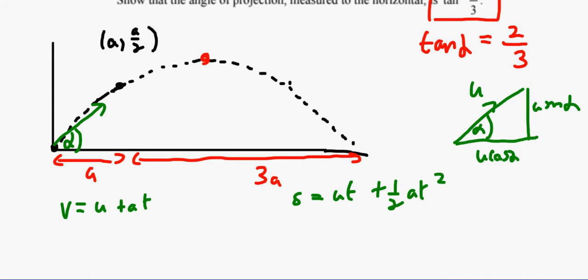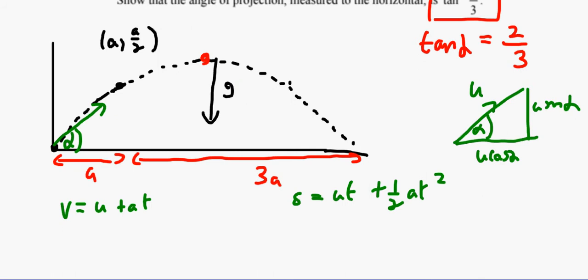Acceleration is in what direction, Louis? Gravity, what direction does gravity work in? Straight down. So does it affect Sx or Sy or both? Yeah, only Sy in this case because you're going straight down and Sx straight across. So it doesn't affect it.